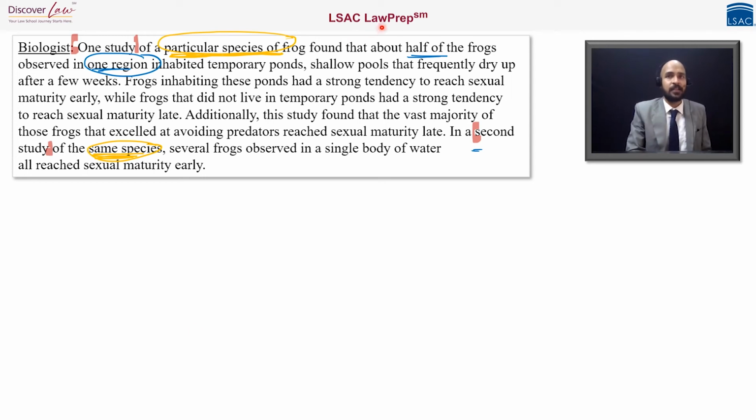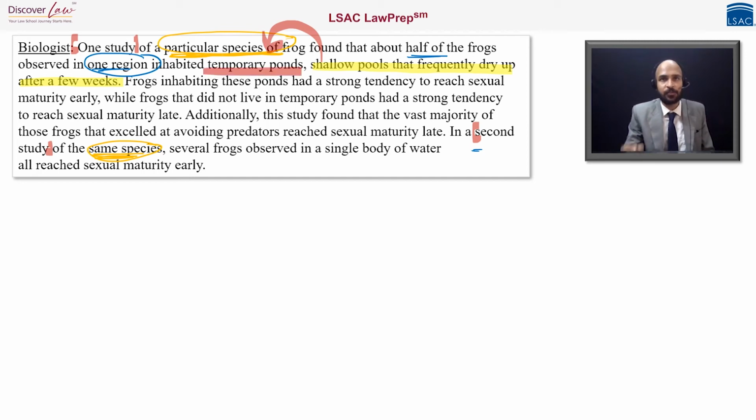It says that half the frogs observed in one region inhabited temporary ponds, comma, shallow pools that frequently dry up after a few weeks. So this part that I'm highlighting here, shallow pools that frequently dry up after a few weeks, is basically just telling you what a temporary pond is.